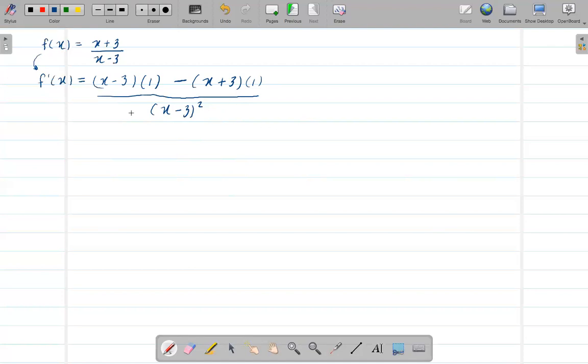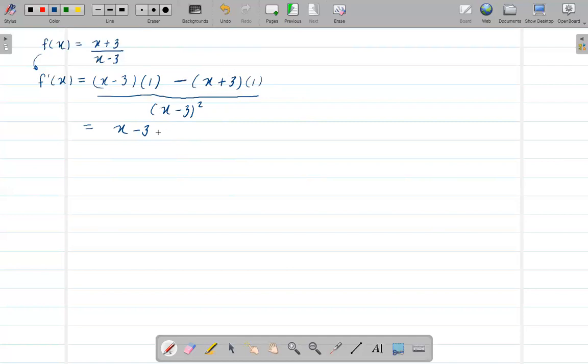And then from here, in the first term it will be the same x minus 3, but there is a minus here. So when you distribute this minus to these two, this times 1 will be still this thing, x plus 3.